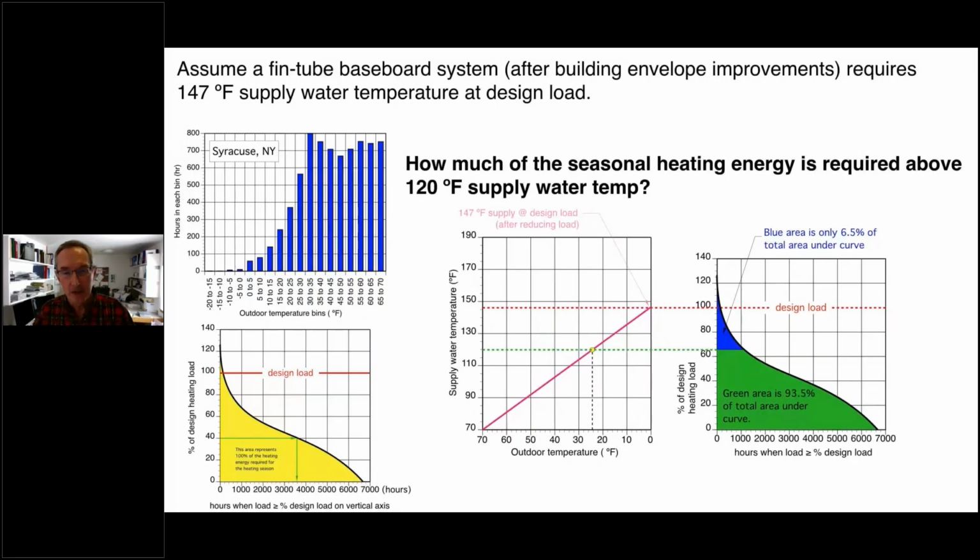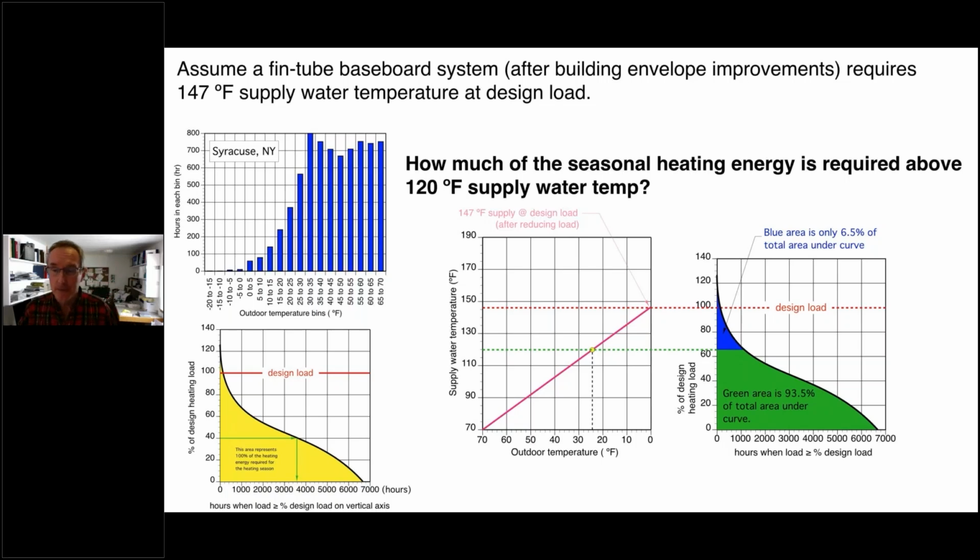Now, remember, I'm asking how much of the seasonal energy is required above 120 degrees. So if we follow that line across, and it goes across the heating duration curve, it's dividing the heating duration curve into the blue area up at the top and the green area down below. And the green area represents about 93.5% of the total seasonal energy that we can supply at or below 120 degrees.